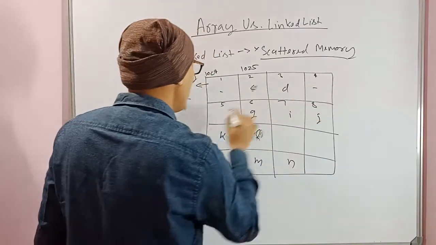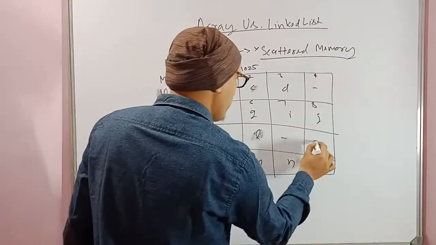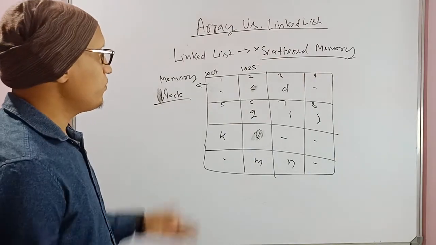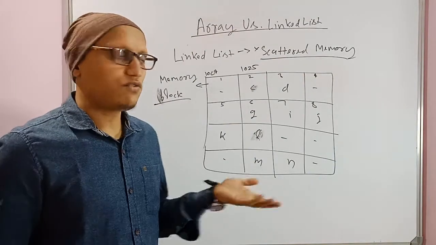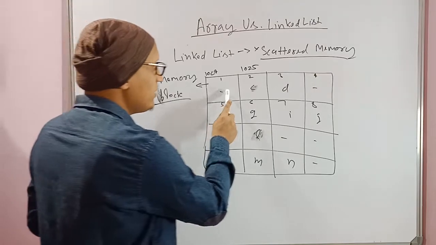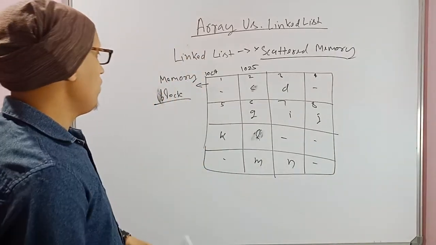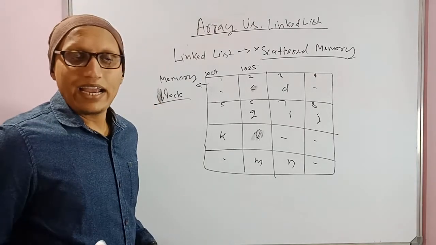Now the free will be 1 2 3 4 5 6, and I want to store at least 5 data, but as you can see there is no 5 continuous memory free. So what we can do, we can take help of linked list.